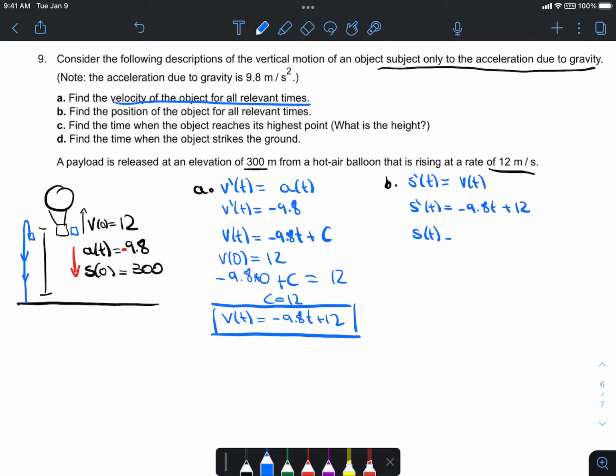So s of t is minus 9.8t squared over 2 plus 12t plus c. I always include the constant c because the derivative of c is 0 anyway. So s of t equals minus 4.9t squared plus 12t plus c.